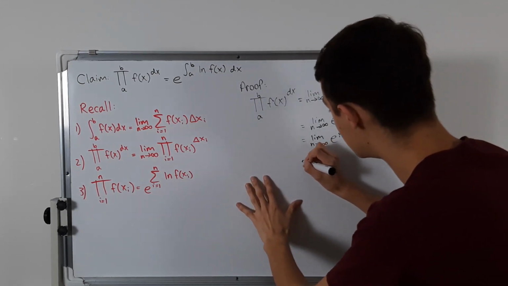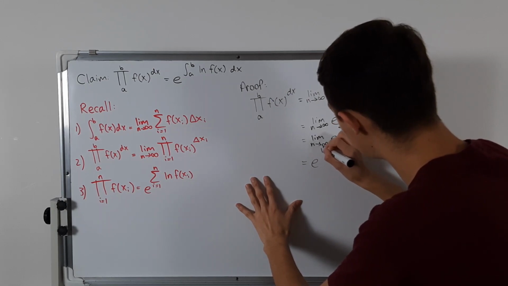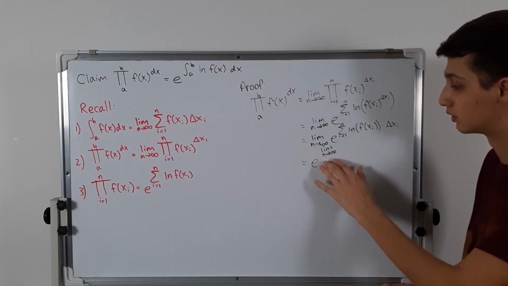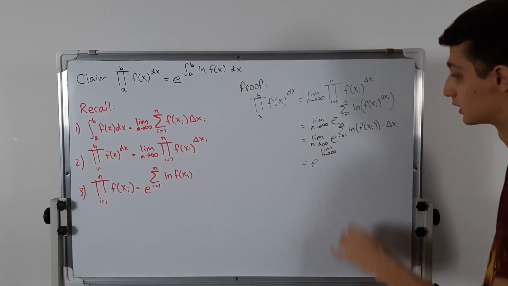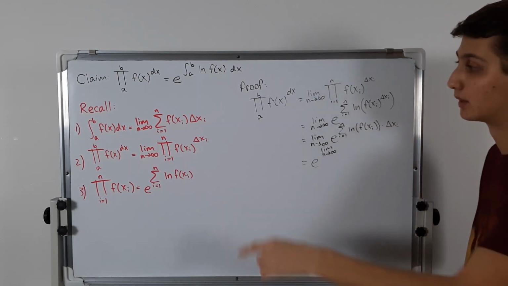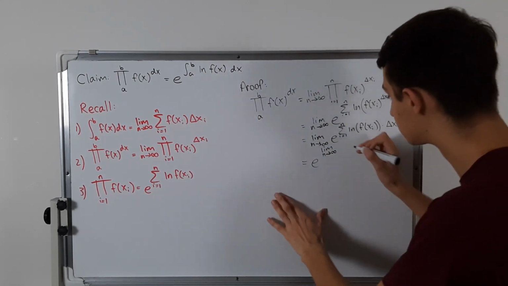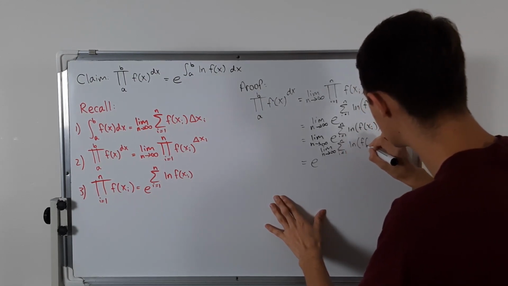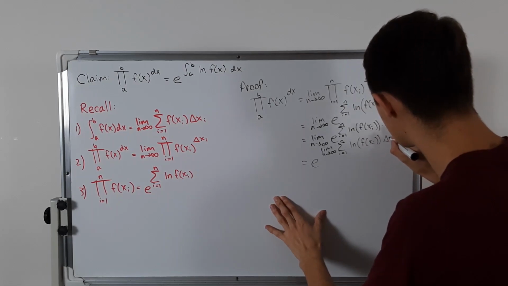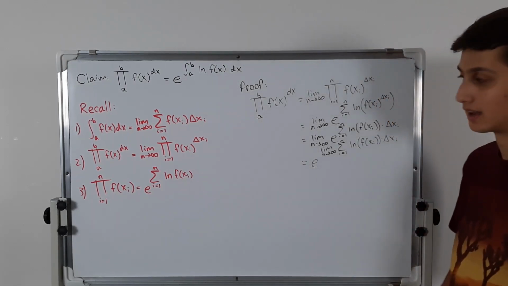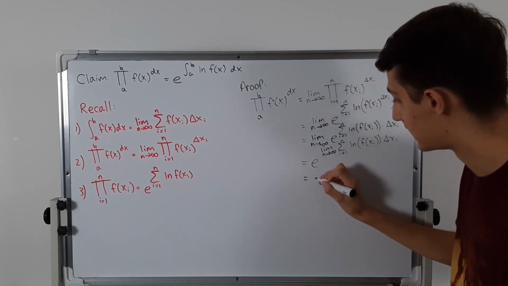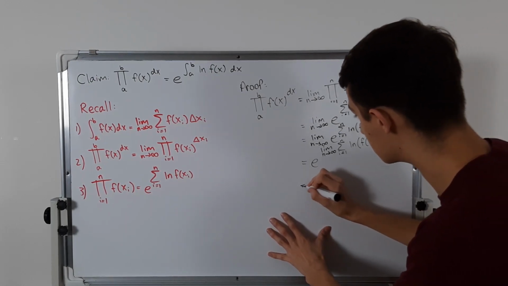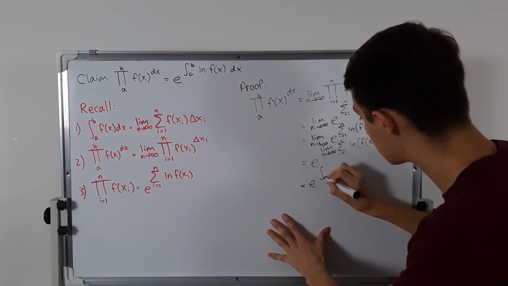However, we can just say e to the limit of the rest of it, because e is a continuous function and we're able to move the limit inside that function. So let me just copy down the rest of this, and then we can apply this rule here. Okay, so I've applied that, so now what we have is e to the integral from a to b.